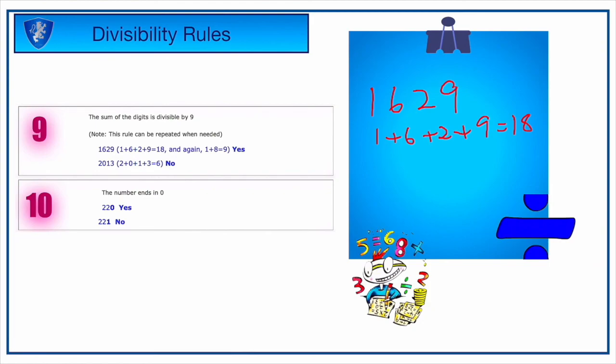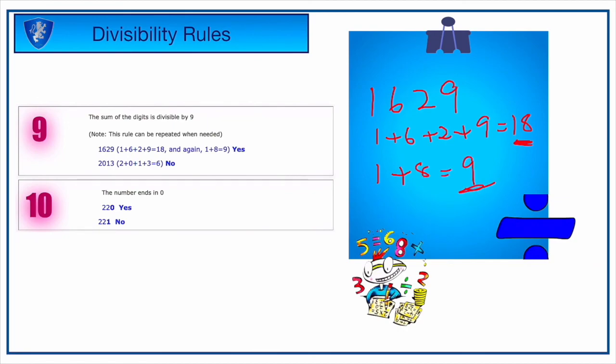But if the number is too big, then you can apply the same rule again. So let's presume that I don't know that 18 comes in your 9 times table. What I'm going to do then is add the 1 and 8 again, and I get 9. So definitely 9 comes in a 9 times table. So I would say yes to this number.